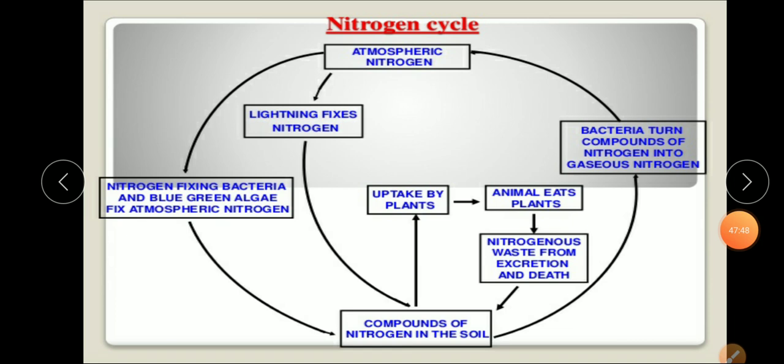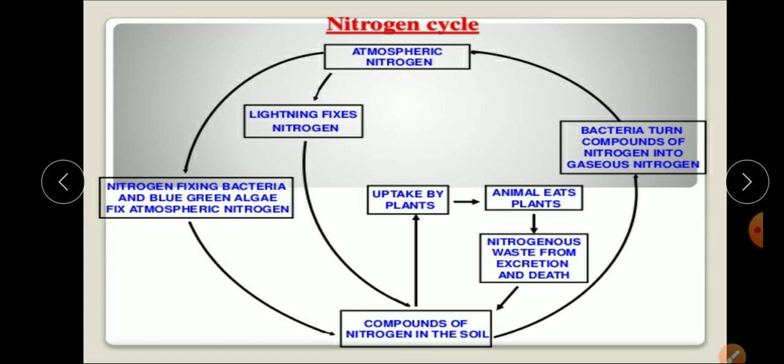Next topic is the nitrogen cycle. In this, we have already learnt about the bacterium, that is Rhizobium, in class 6th and even in the 7th also. Right? It is involved in the fixation of nitrogen in leguminous plants like pulses. Right?